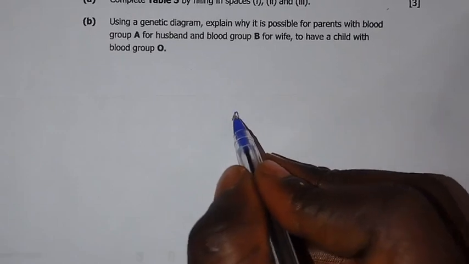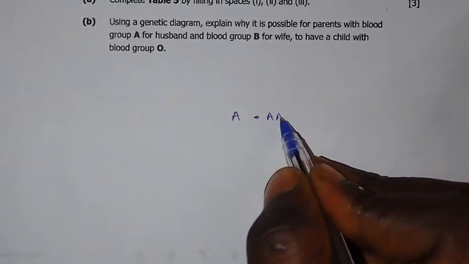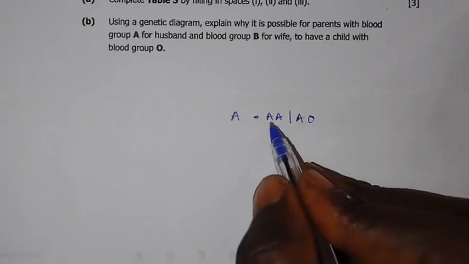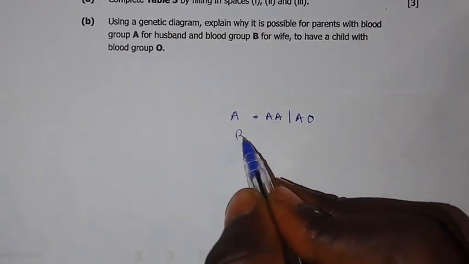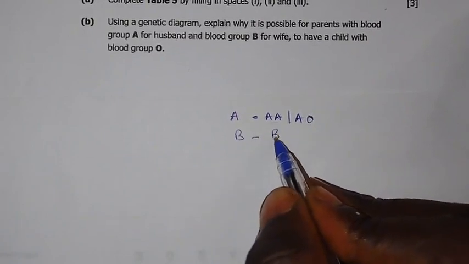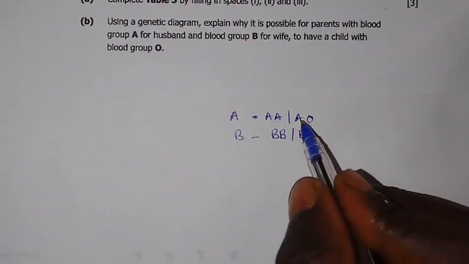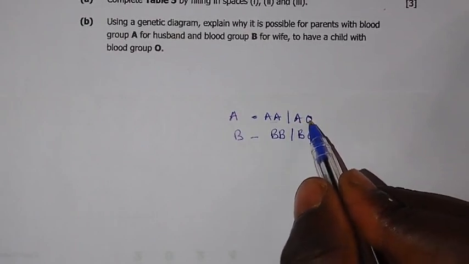It means that if a person is having a blood group A, in terms of the genotype, we can say AA, or we can say AO. So this one is homozygous, this one is heterozygous. Again, if you have blood group B, it can be written as BB or BO. So still AO, this person is blood group A because A is dominant, O is recessive.